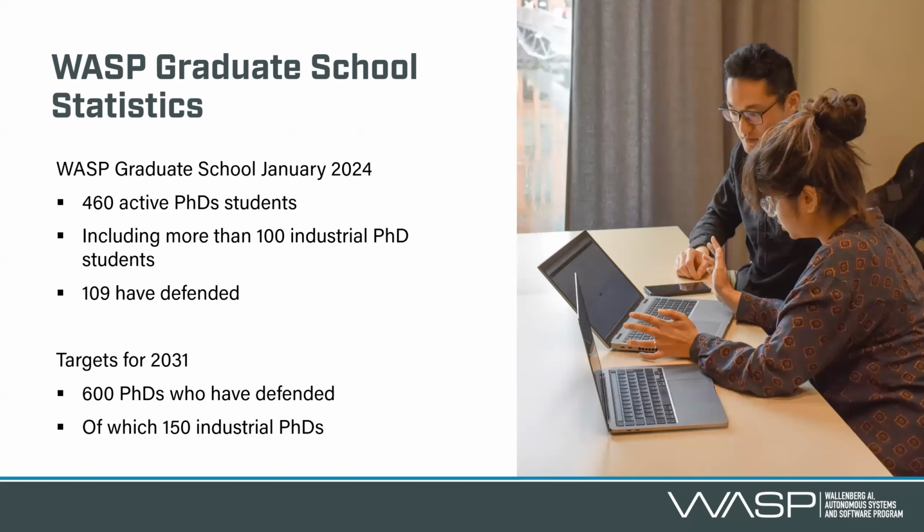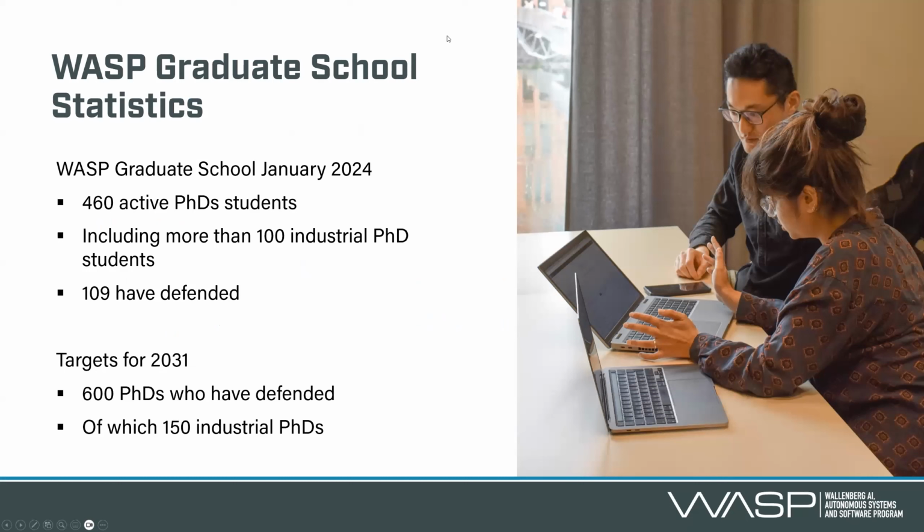So I will give you some statistics from the graduate school. And this is from January 2024. This is ticking basically every day, so it's hard to get real and up-to-date numbers, but there are more than 460 active PhD students, and it includes more than 100 industrial PhD students.